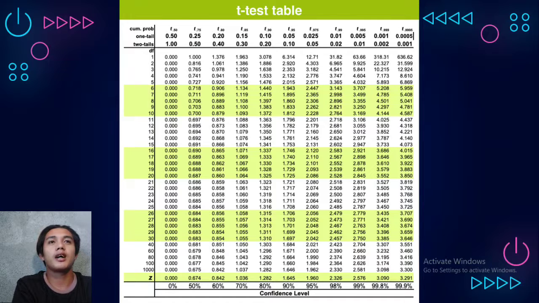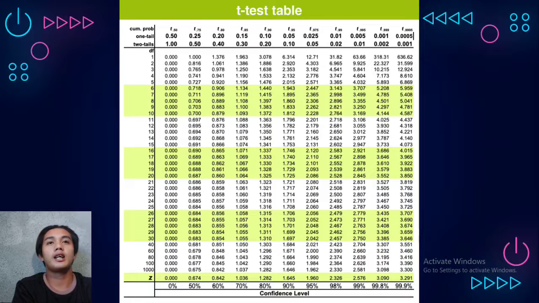Ito yung t-test table. Two-tailed, ang sabi nun, two-tailed yung ating data. Ang df natin is equal to 10. Titingnan nyo lang siya dito sa may left side, kung pang ilan. So, df natin ay 10. Then, titingnan naman natin sa taas yung two-tailed 0.05, kasi yun yung ating alpha.